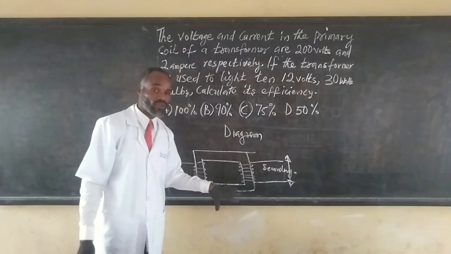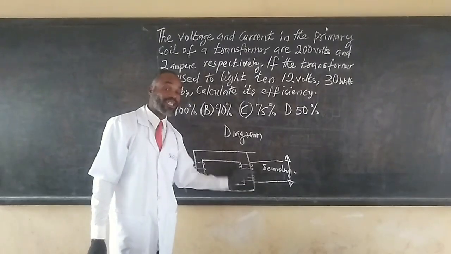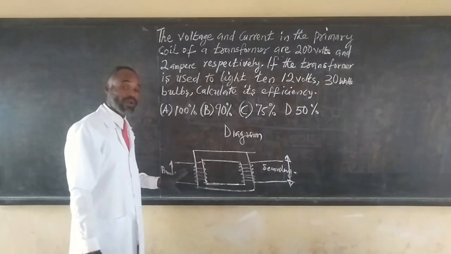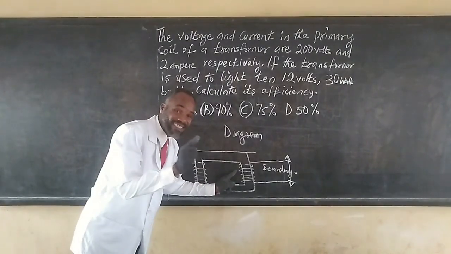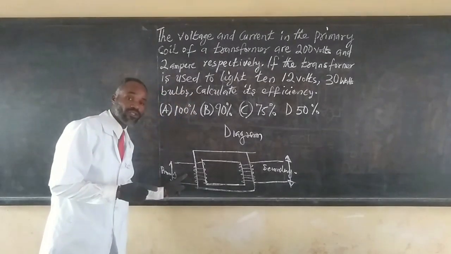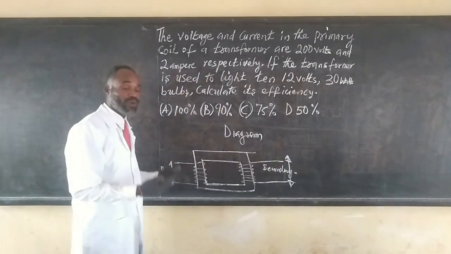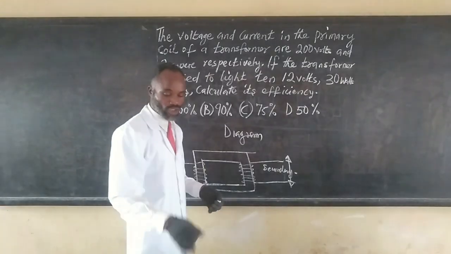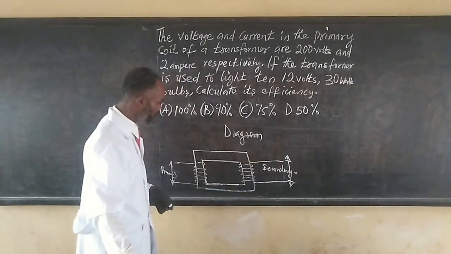It is a step-down transformer if the number of turns of coils at the secondary section is less than the number of turns at the primary section. I repeat, if the number of coils here is less than the number of coils here in the primary section, that means the transformer is a step-down transformer. I think that is very simple and well explained.